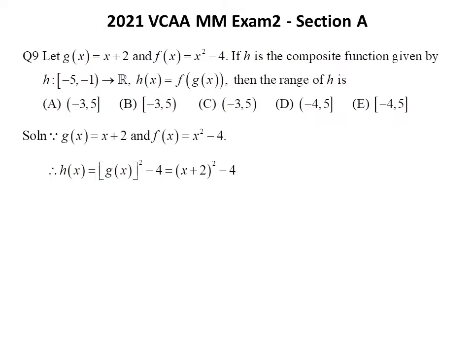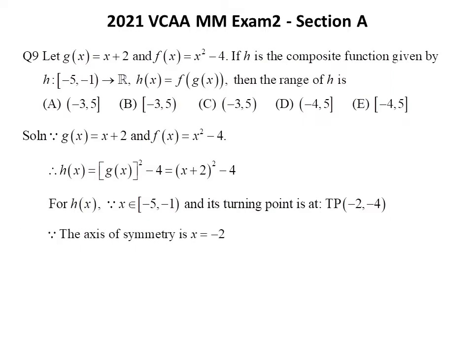h of x equals g of x squared minus 4, which equals (x plus 2) squared minus 4. Since the domain of h of x is greater than or equal to -5 but less than 1, and the turning point of h of x is at (-2, -4), the axis of symmetry is x equals -2.